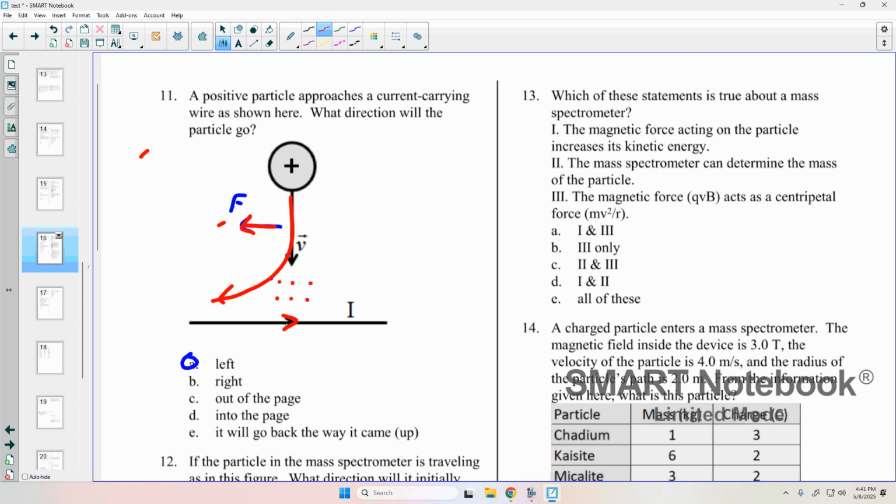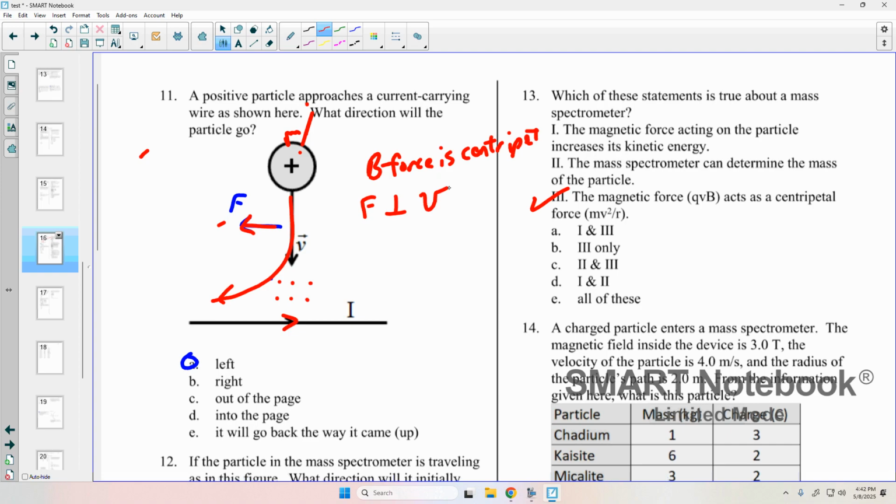A couple of things you need to know about a mass spectrometer is that the magnetic force, the B force, is a centripetal force. In fact, that was one of the things here that's true. The centripetal force is always perpendicular to the velocity.